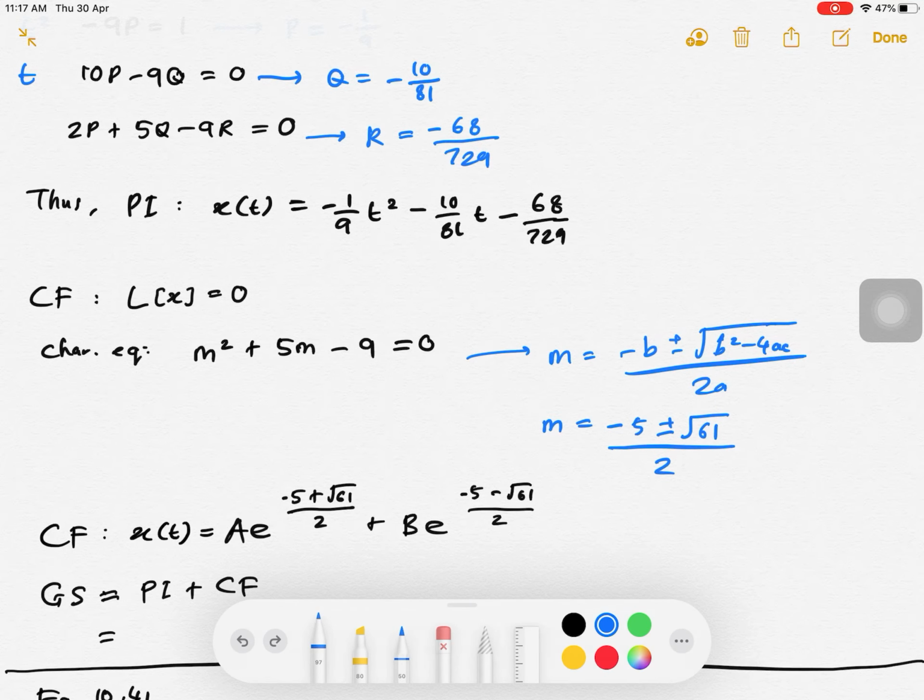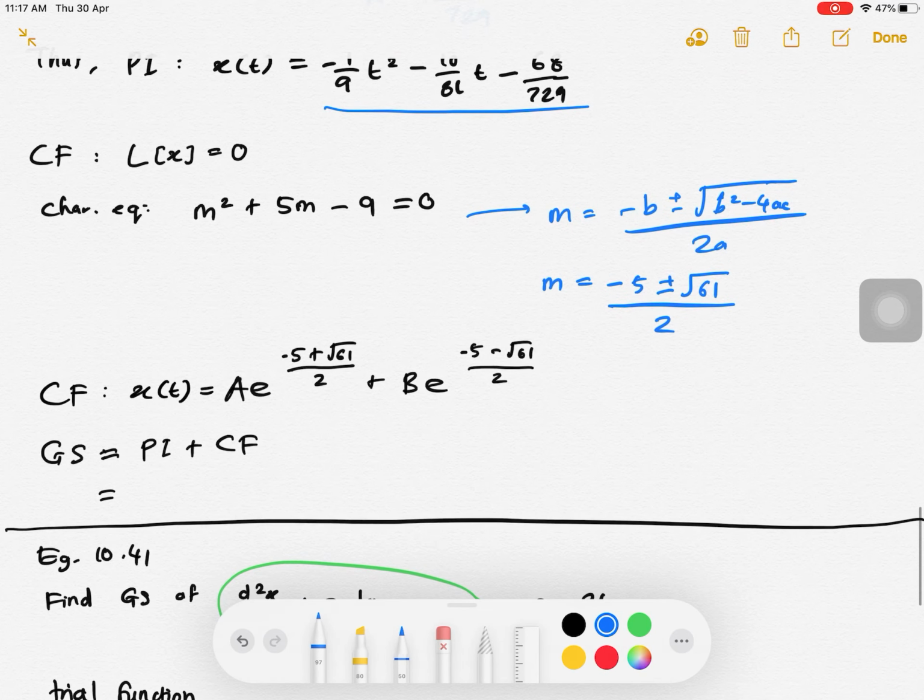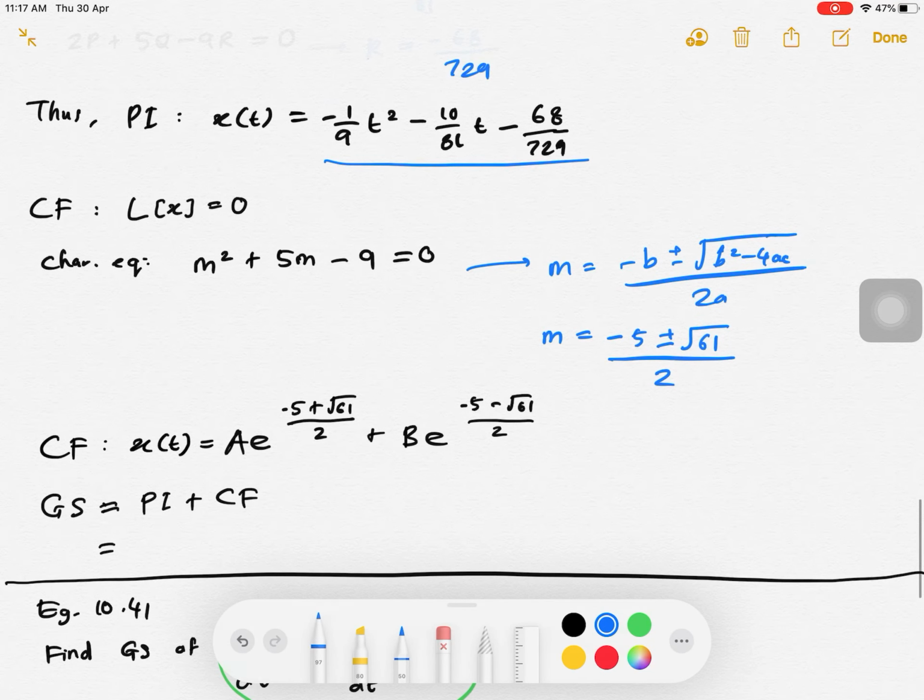We have known our particular integral right here, so we just add the particular integral with the complementary function right here to get the general solution of the differential equation.